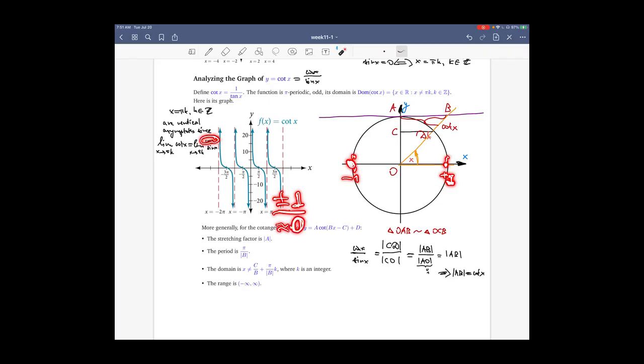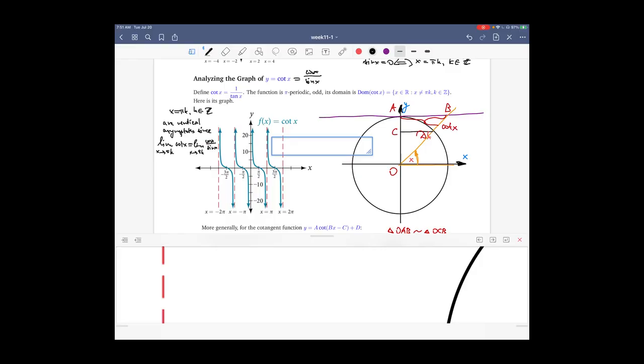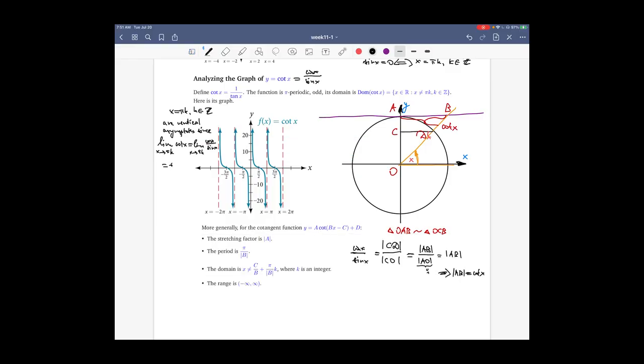Just like in the case of tangent, when you divide a number that is close to positive or -1 by a number that is close to 0, you get infinity. So pi k will be vertical asymptotes.